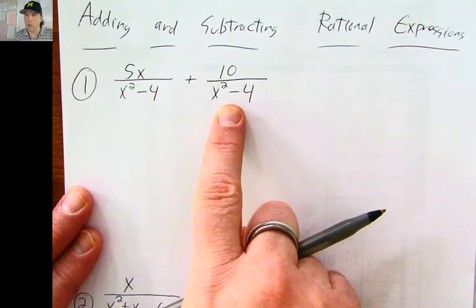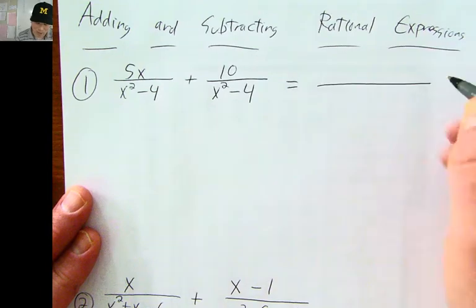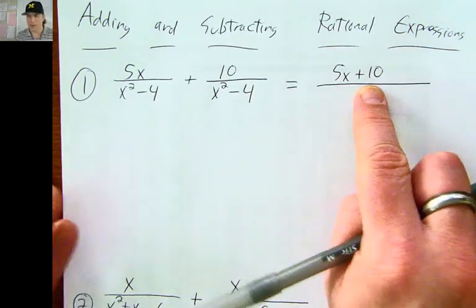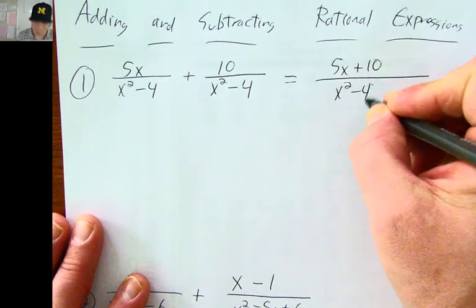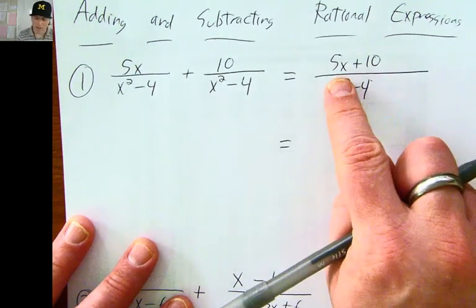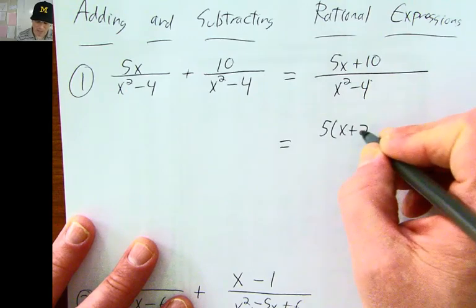And when you look at number one, we do have a common denominator. So we can go ahead and add them together, and you'd get 5x plus 10. This is a variable, that's a number, so you can't combine them together, all over x squared minus 4. But now we've got to simplify it, of course. 5 times x plus 10, you could factor out a 5, and that would become x plus 2.